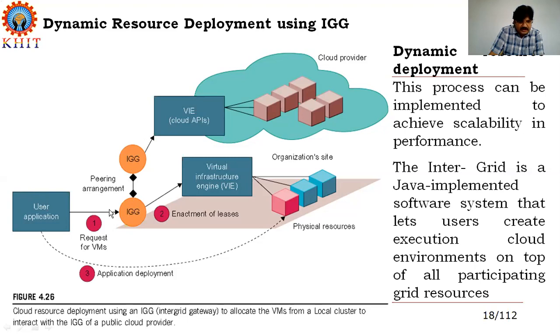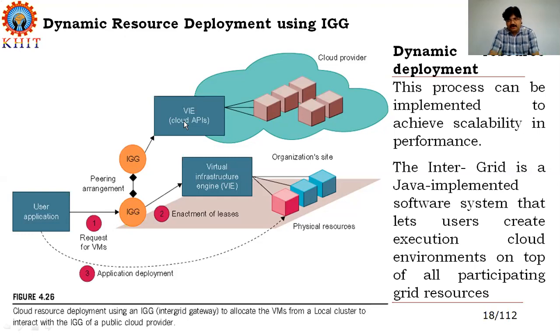The intergrid gateway takes the request from the end user, and it can pass the request to another intergrid gateway through peer one-to-one communication, and it can pass to the VIE.